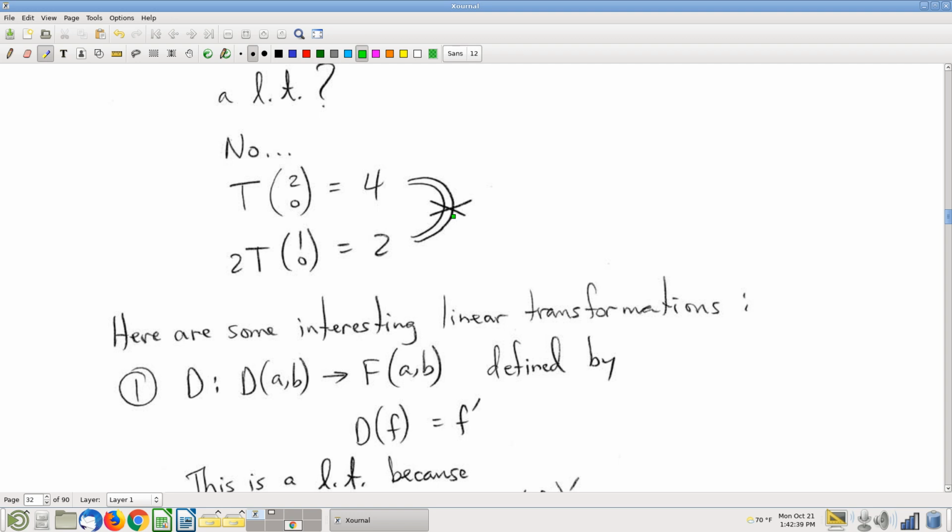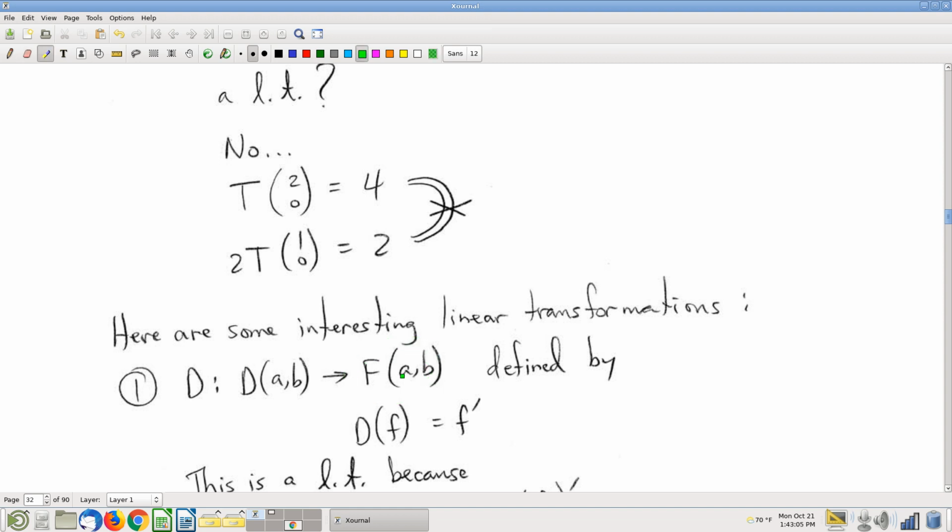This first one's a little bit weird. It seems weird because it's our first non-Euclidean one. But nevertheless, this is a linear transformation. Namely, here it is, the act of differentiation. If you give me a differentiable function, I can differentiate it and out comes some function.